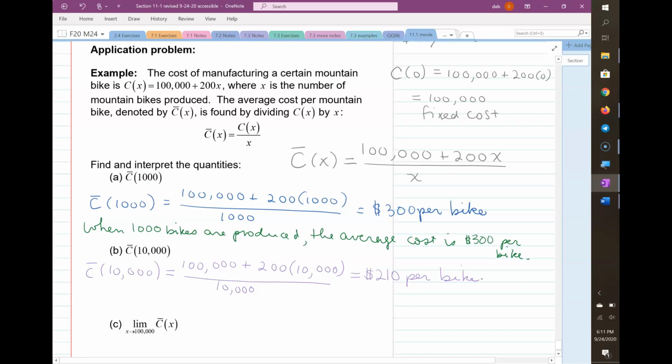So look what happened: when you make more, the average cost goes down. Does that match up with your intuition? So when 10,000 bikes are produced, the average cost is $210 per bike.